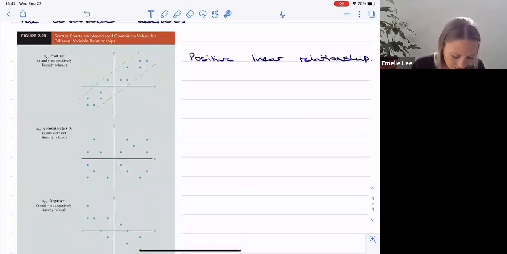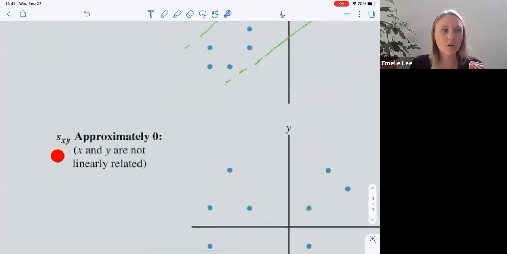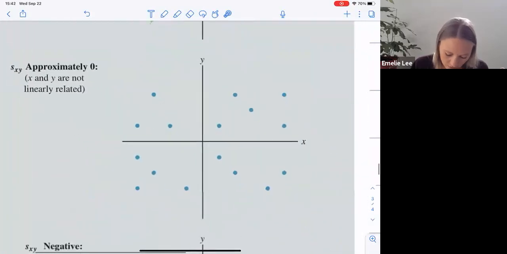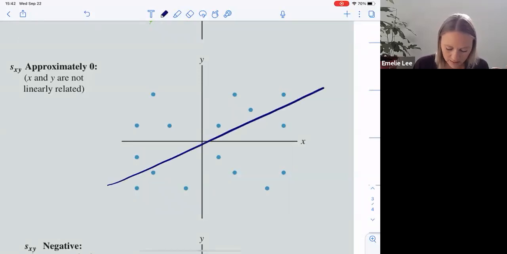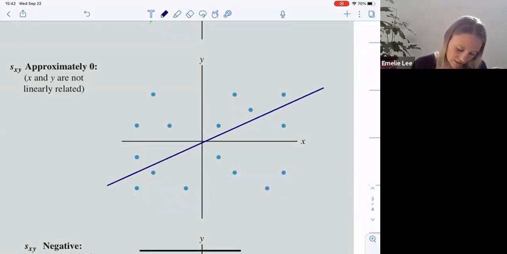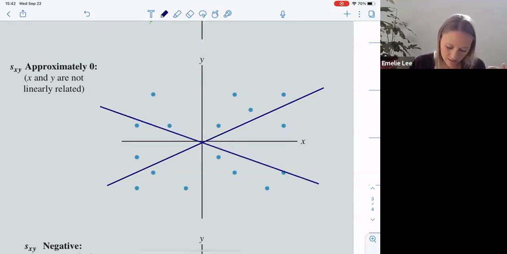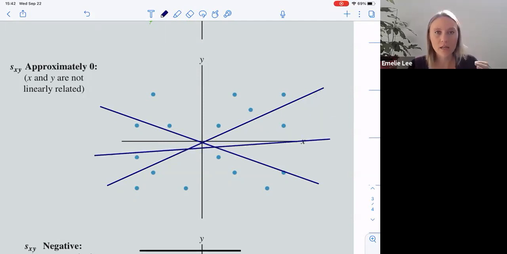Okay. So here, if the covariance is approximately 0, it just means that X and Y are not linearly related, meaning that you would have something that looks like this. Notice that you could fit a line like this, a line of best fit like this, or like this, and it doesn't really change anything.